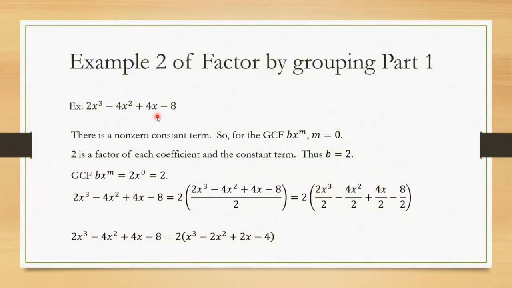That's what you want to find. Well, there's a non-zero constant term here. There's no x here, so we can take m to be 0. Again, there's no x's here, so we take m to be 0.